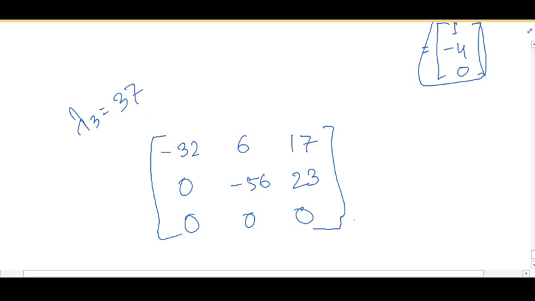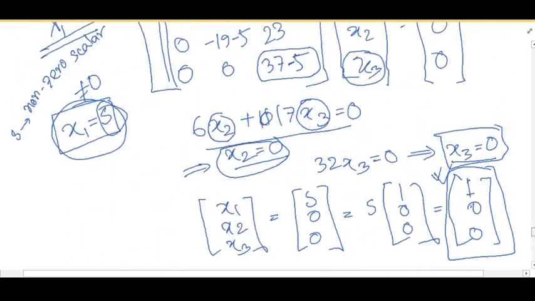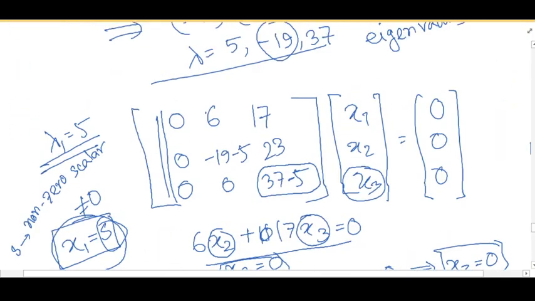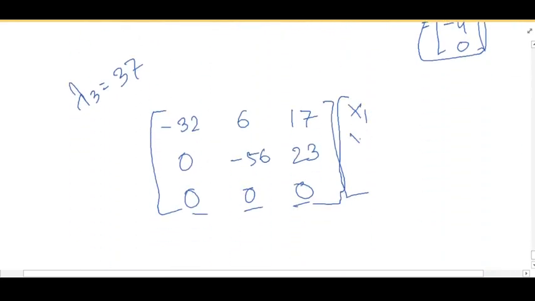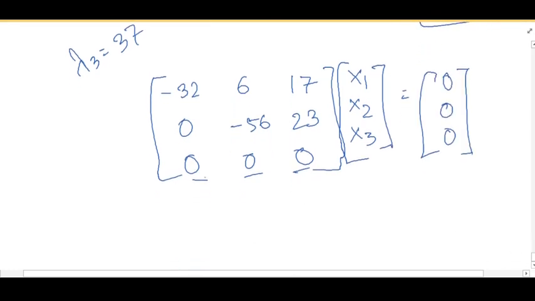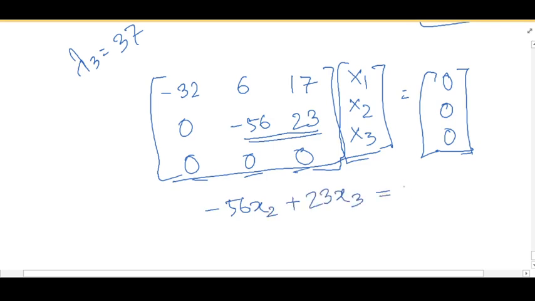So don't be afraid about why it becomes 0, 0, 0, what we have obtained here, don't fear about that thing. Zero, zero, zero, you can write here. From this equation, we will not be getting any values. From this particular equation, we will be getting values, say minus 56 x2 plus 23 x3 will be equal to 0.